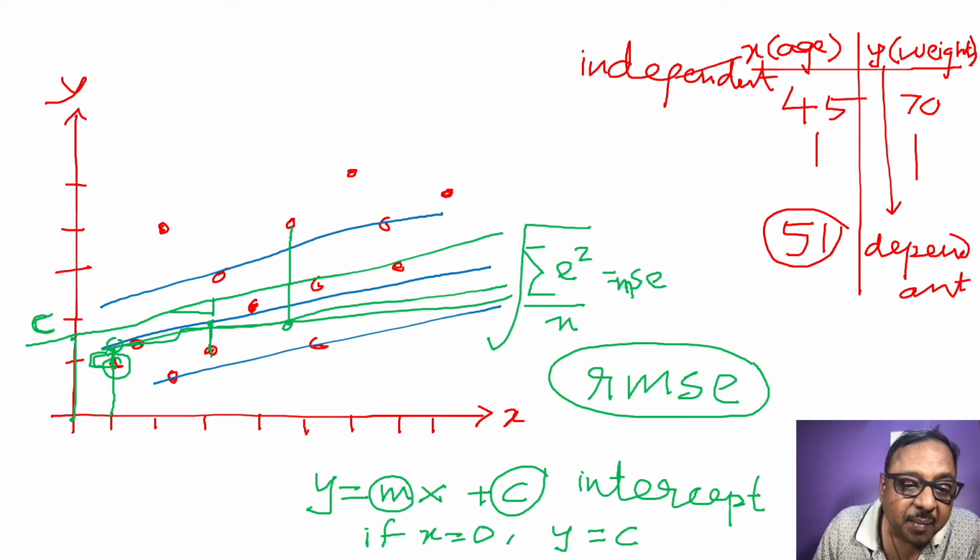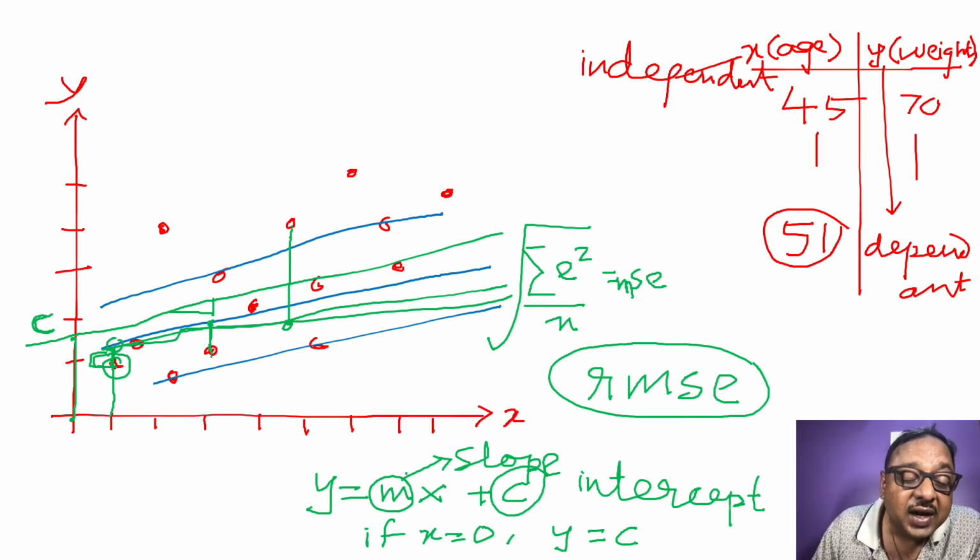So this m is known as the slope of the line. For every unit increase in x, y will increase by the amount of slope. Now these are the essential terms which we need to find out in order to do our linear regression.